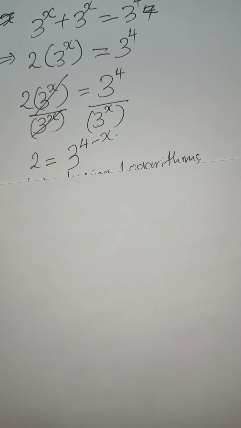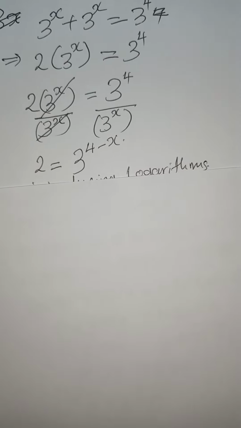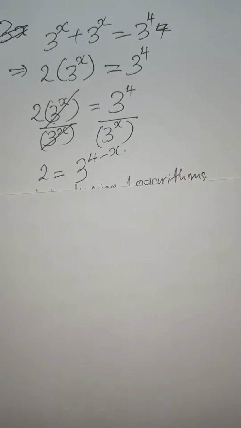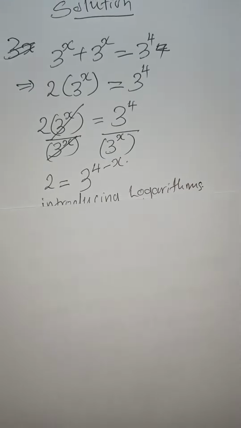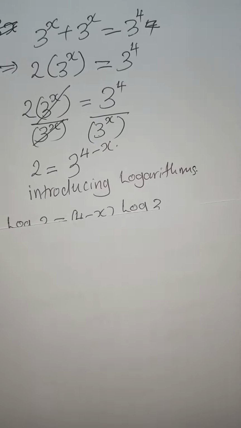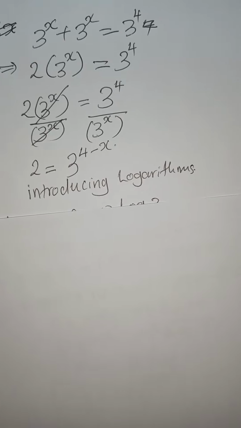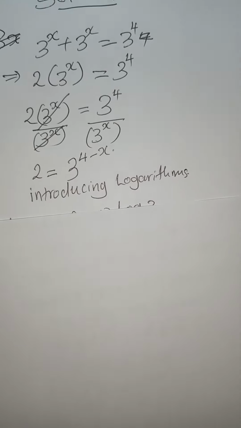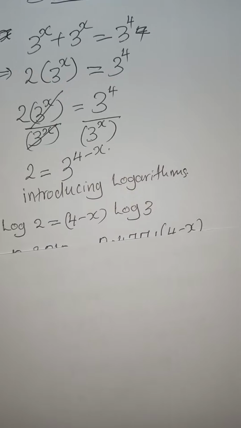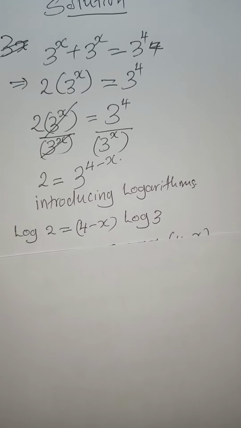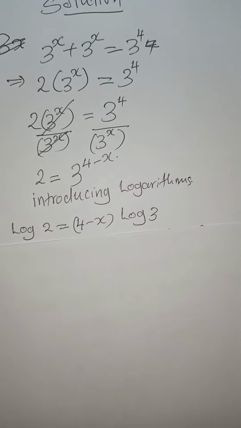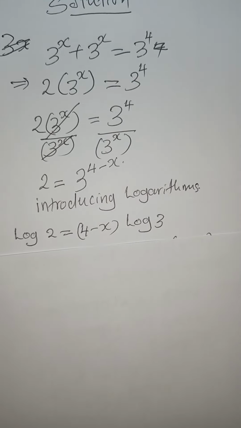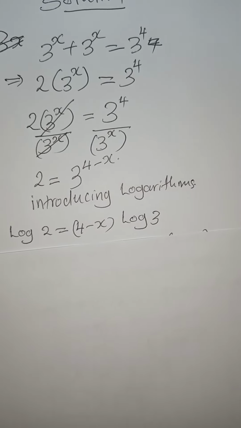So from here we cannot proceed unless we introduce logs or logarithms. So when we introduce logarithms, we are going to introduce logarithms on both sides. And when we do so, we are going to say that log of 2 is going to be equals to 4 minus x log of 3.